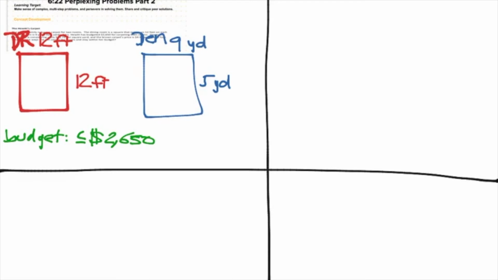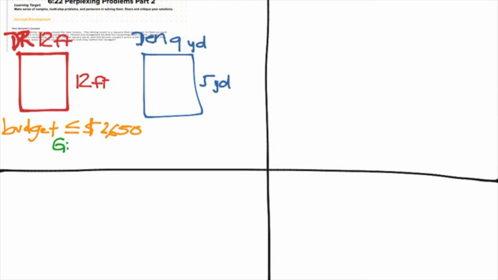The green carpet she's considering, or I shouldn't have used green for that other one. Let's change that. Okay, so the budget we'll put in yellow. So the budget needs to be less than or equal to $2,650. She's considering green carpet.